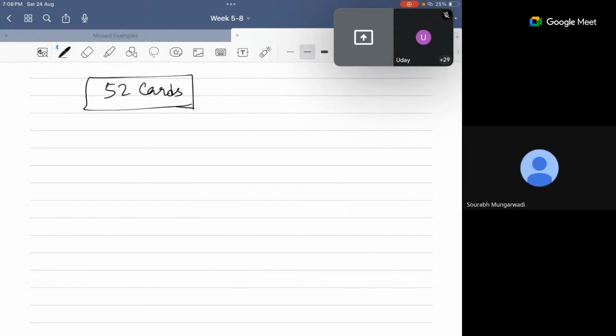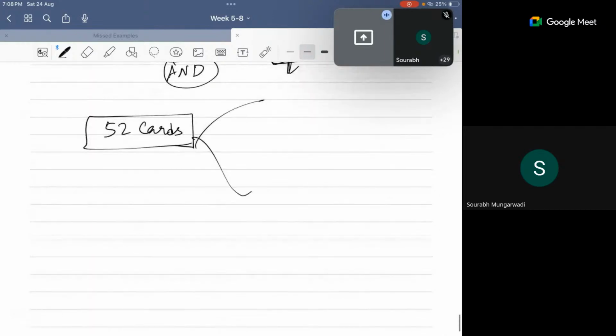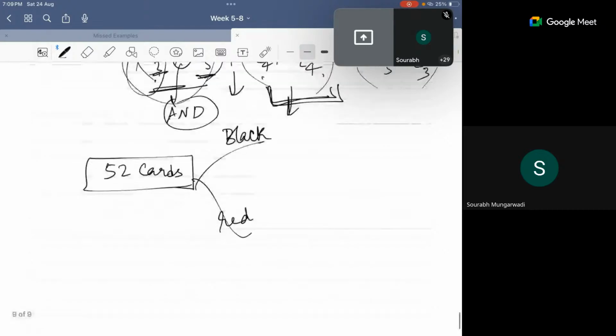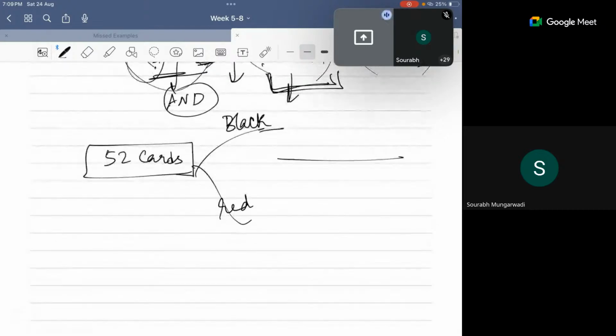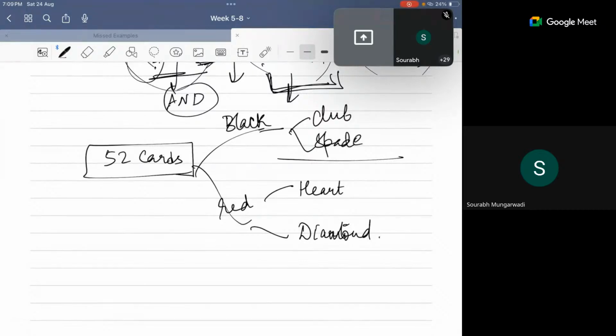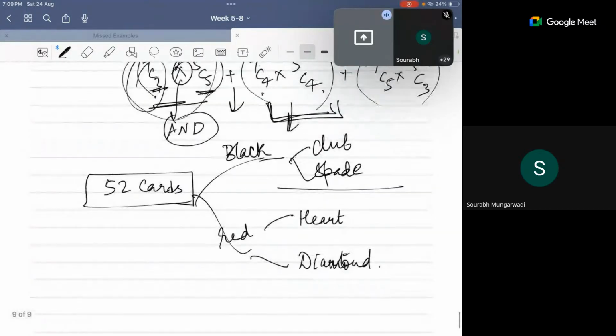Half of them are black and half of them are red. In the red, you have heart and diamond. In the black, you have club and spade. And each of them has 13 cards.